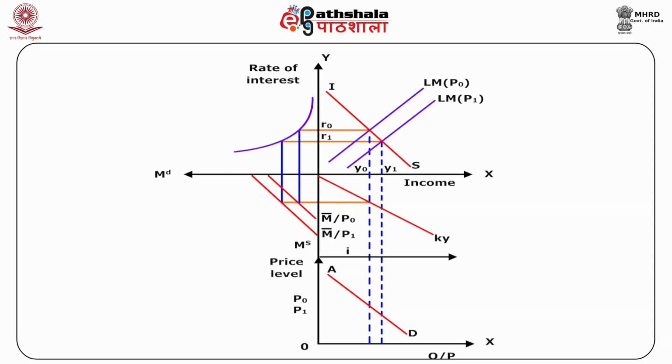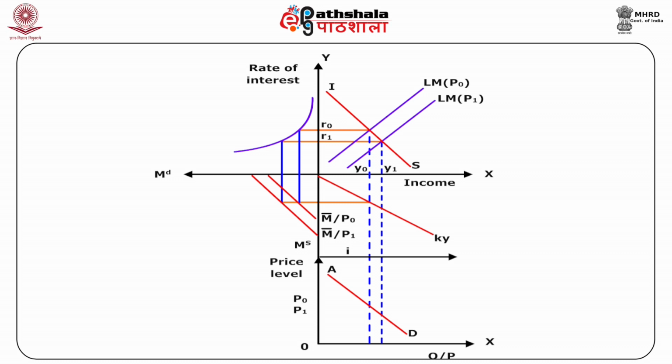Now, given the level of M1, the balance of the money supply would be absorbed by M2, the speculative demand for money. Speculative demand for money depends upon the rate of interest. Therefore, at the given rate of interest R0, M2 would be exactly equal to the excess of money supply over and above M1, which is a function of the given level of income Y0. Therefore, we have completed the equation between the equilibrium rate of interest and the equilibrium level of income.